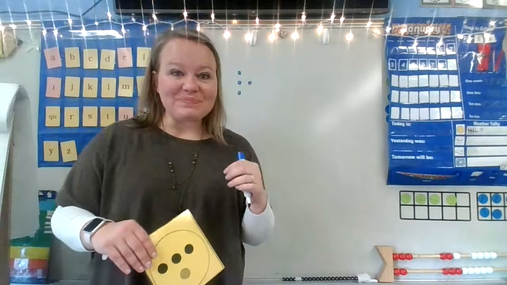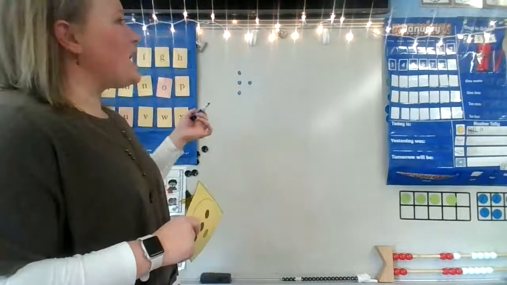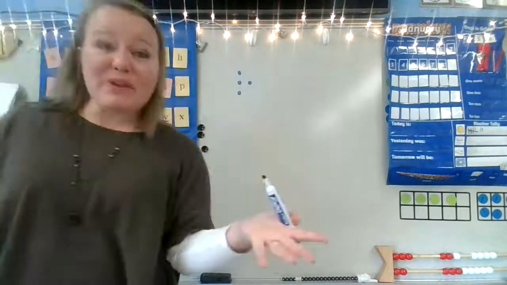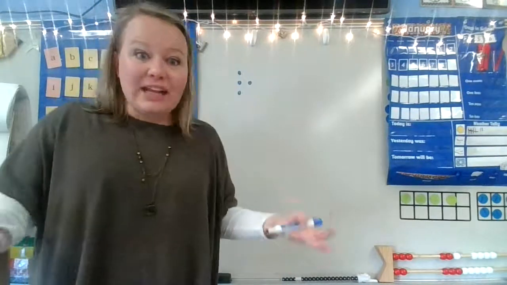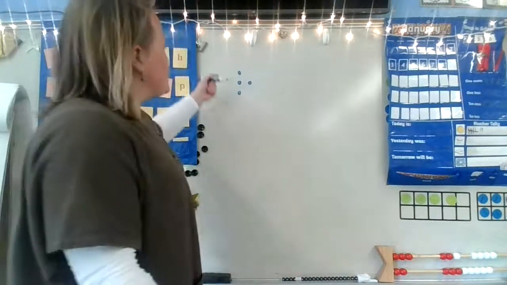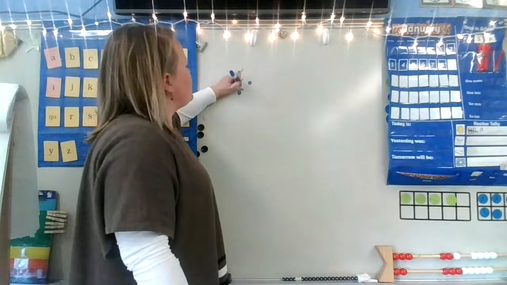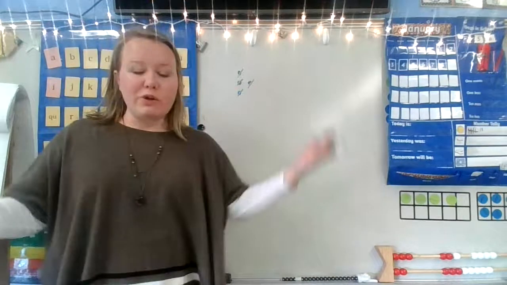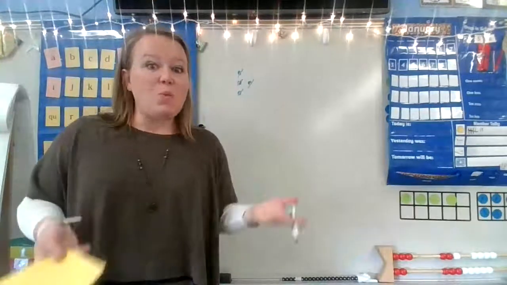Okay. All right, so I heard some of you said you still counted as your strategy, which is fine. That's a strategy that we use. So you went 1, 2, 3, 4, and you knew there were 4 there. That's one strategy.